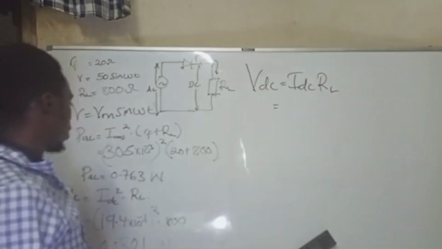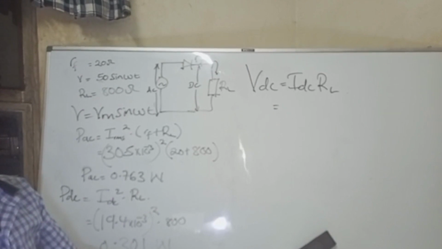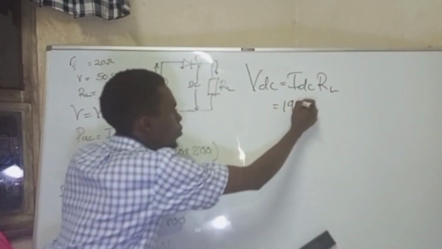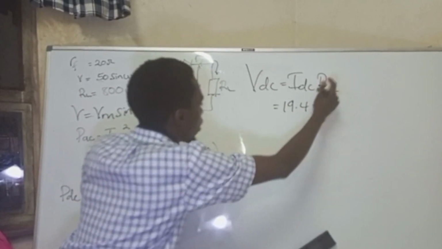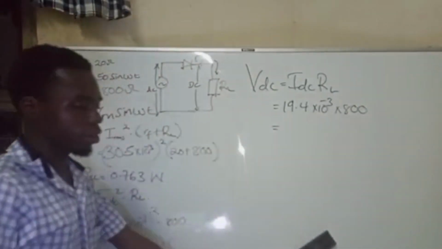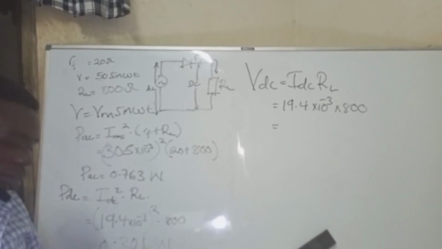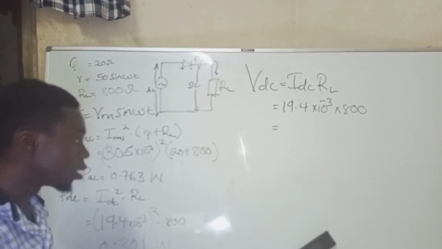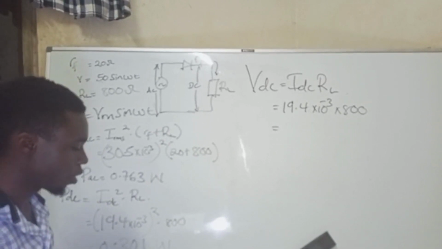We put our IDC, which we had calculated as, what was our IDC? Our IDC was 19.4 milliamps. So it will be 19.4 times 10 to the negative 3 times our RL, which is 800. When I put it in the calculator, 19.4 milli times 800 is giving me 15.52 volts.